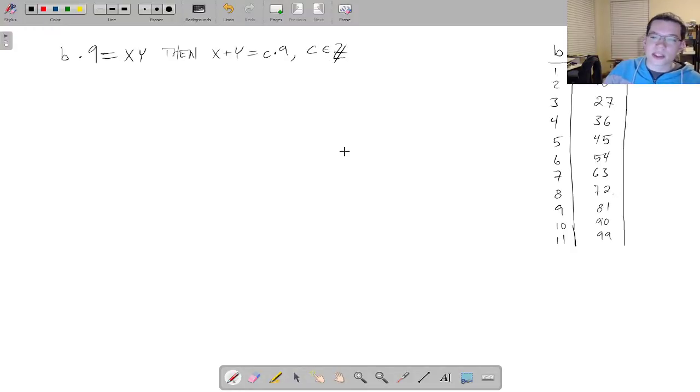So now we're not restricting it to b being between 1 and 11. We're just saying it's going to be some multiple of 9. So then x plus y: 0 plus 9 equals 9, 1 plus 8 equals 9, 2 plus 7 is 9, 3 plus 6 is 9, 4 and 5 is 9, 5 and 4 is 9, 9, 9, 9, 18.